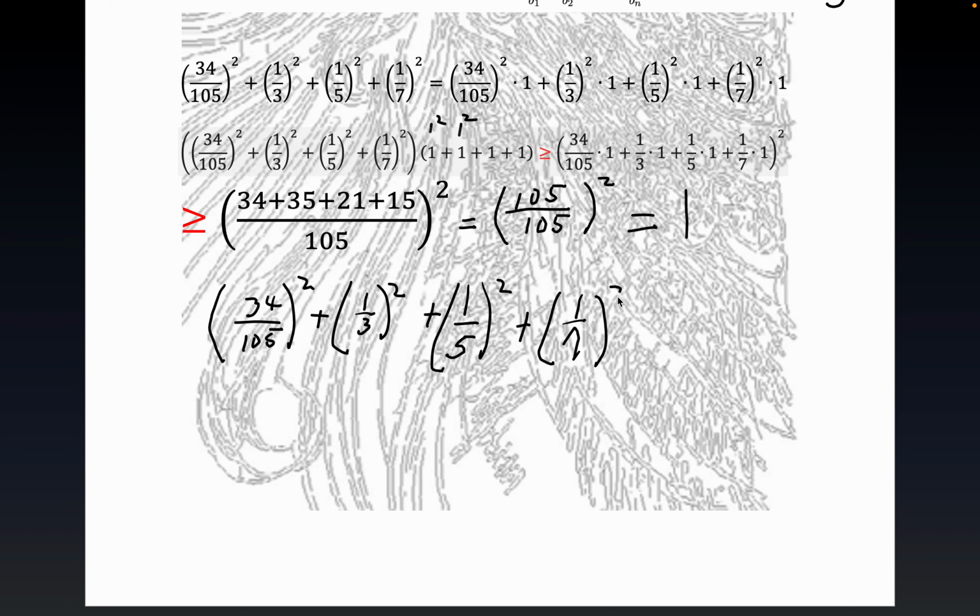And you see that was next to these 4. So you have 1 plus 1 plus 1 plus 1 is 4. So if you divide through by the 4, you end up with this statement right here. Okay, folks? So it's QED.